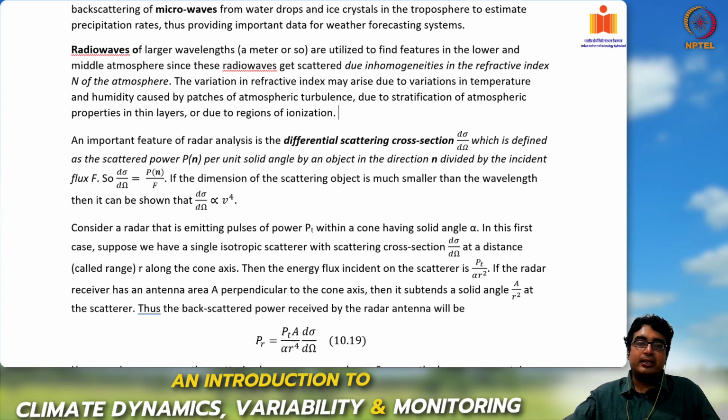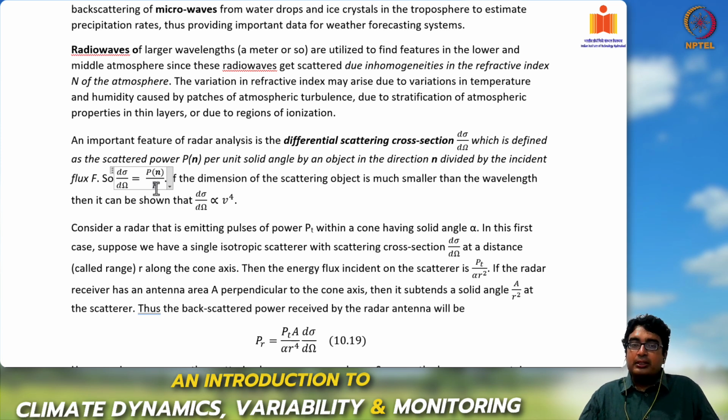So dσ/dΩ is the scattering power Pn divided by the incident flux F. Per unit incident flux, what is the power being scattered back in a direction given by the unit vector n over a unit solid angle omega? This is called the differential scattering cross section.